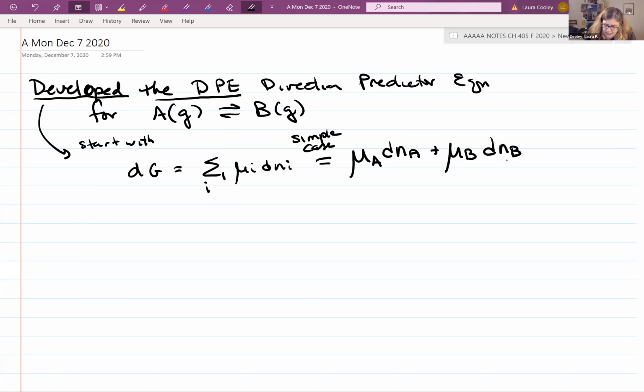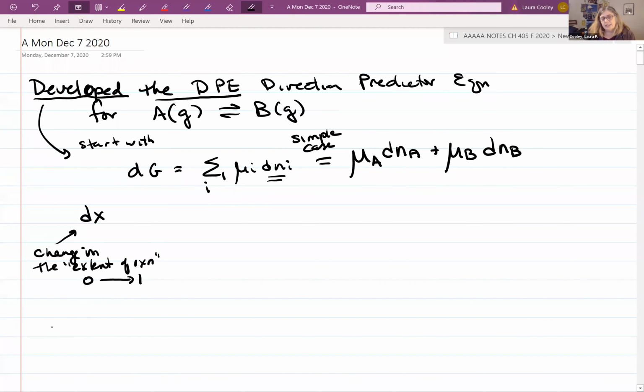We write these changes in moles in terms of the extent of reaction parameter. So this is the change in the extent of reaction, which is a parameter that basically goes from 0 to 1, from the beginning of the reaction to the end. We set this up, remember, so that the total pressure was 1 bar, and at the beginning, P_A is 1 bar.